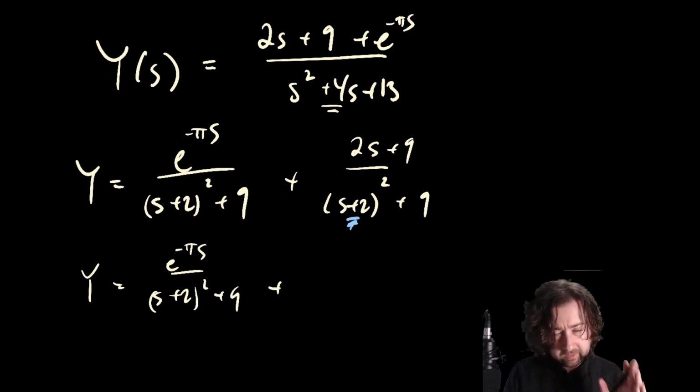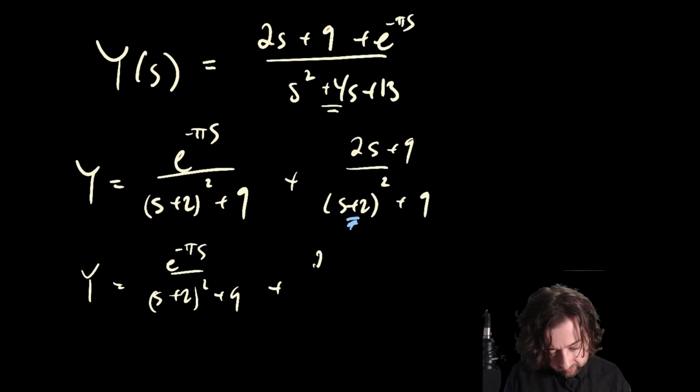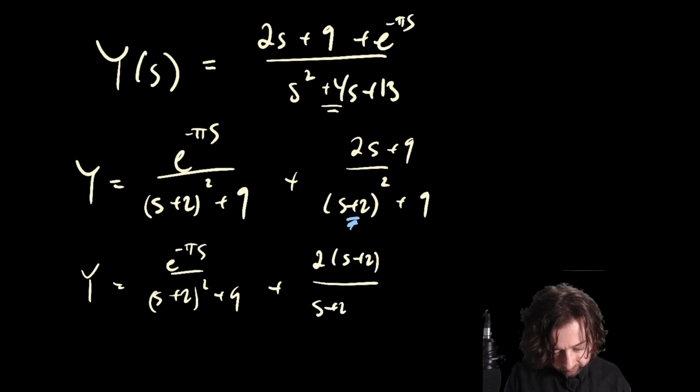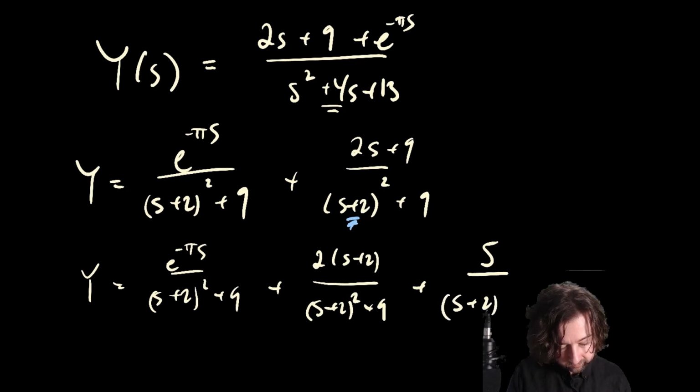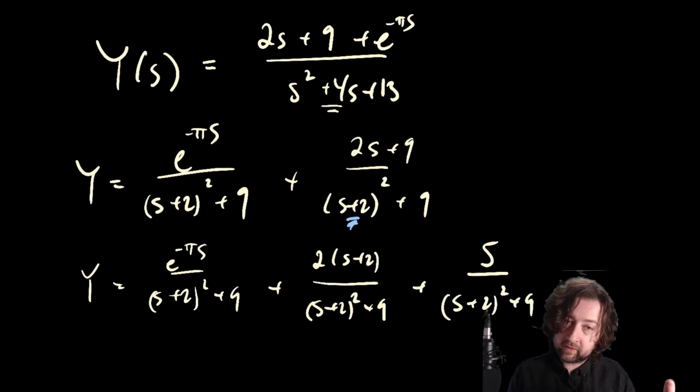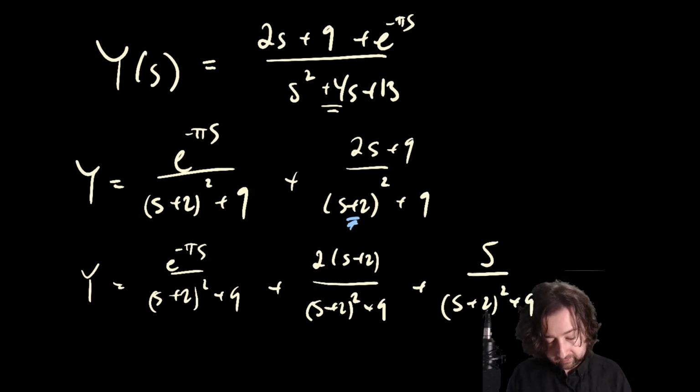And then in order to get the s plus 2's that we need for the cosine that I'm really looking at here, I'm going to have to write this as 2 times (s plus 2) over (s plus 2) squared plus 9. And that grabbed 4 from that 9, and so there's 5 left over to be the sine. And of course, we're going to have to multiply in a 3 and divide out a 3 in order to get that sine there. Okay, so hit this with the inverse Laplace transform.